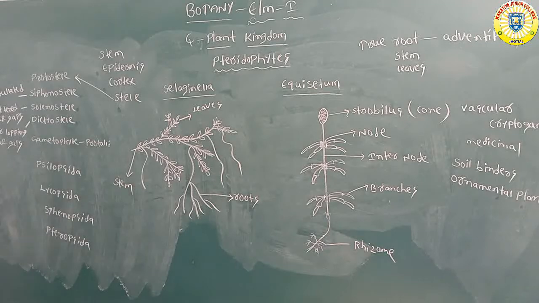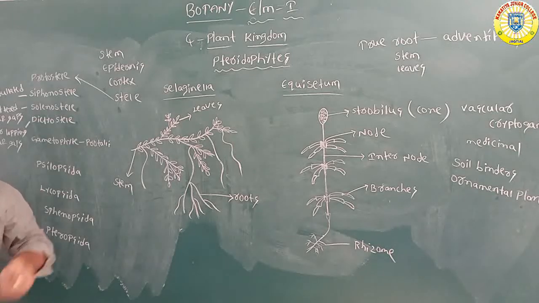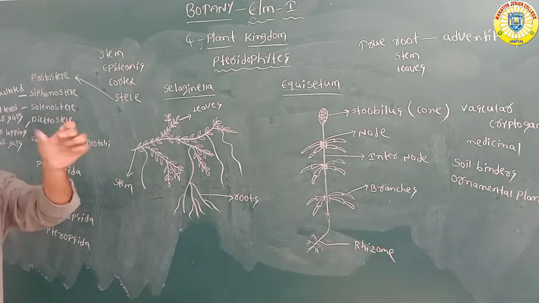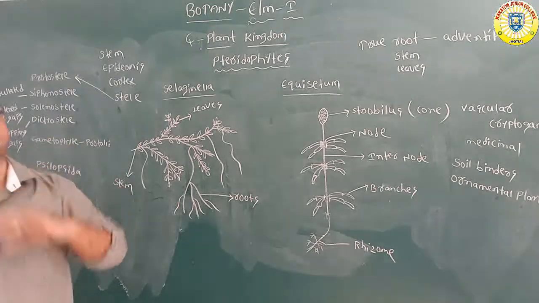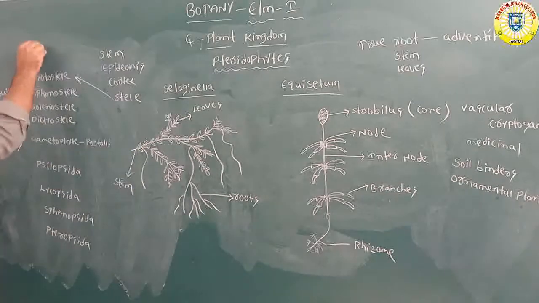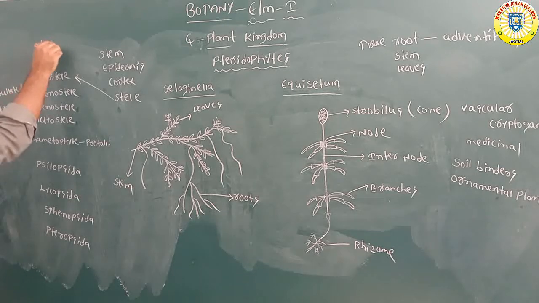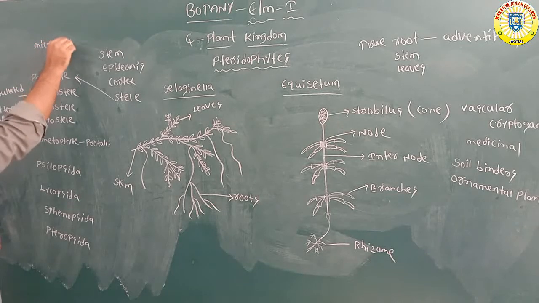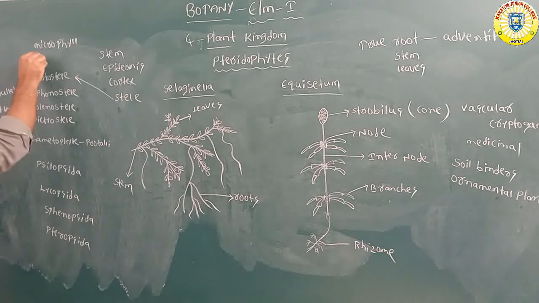Here you can see the leaves are small in some cases and large in some cases. The small leaves are called microphylls. Large leaves are called macrophylls.